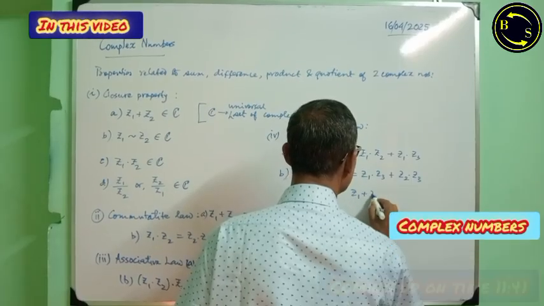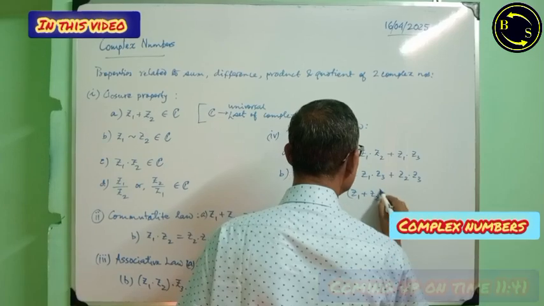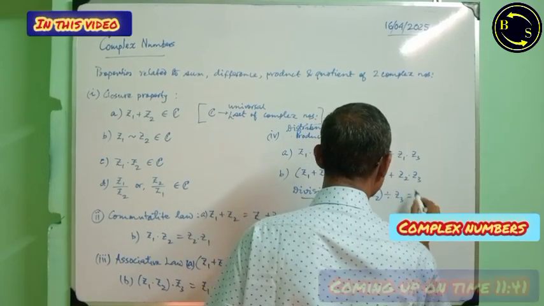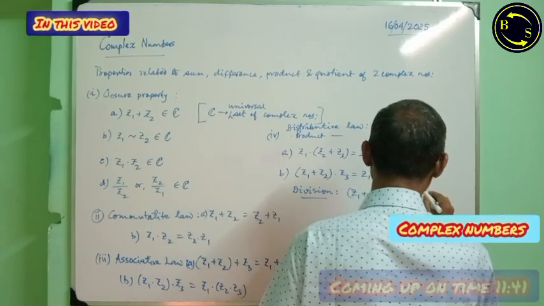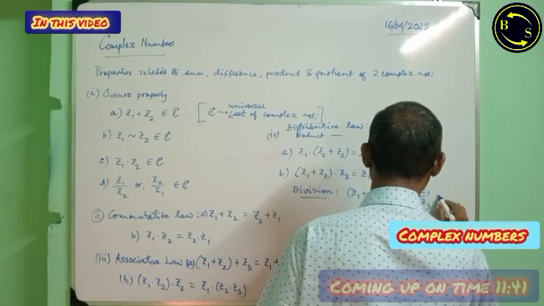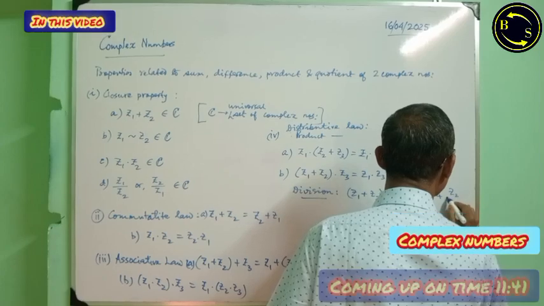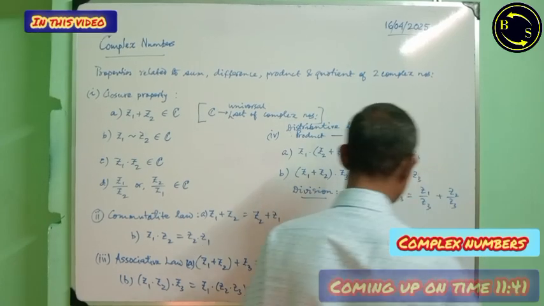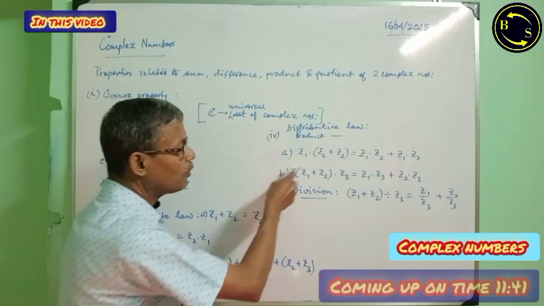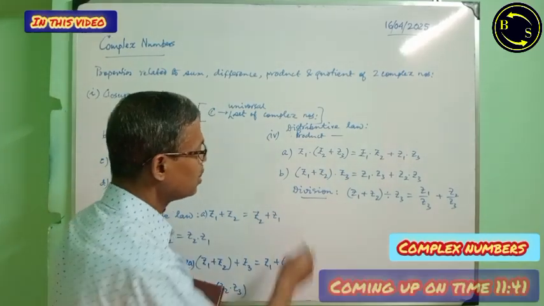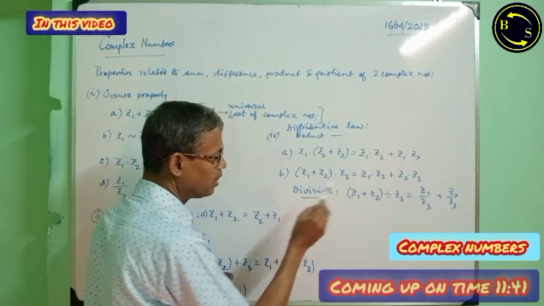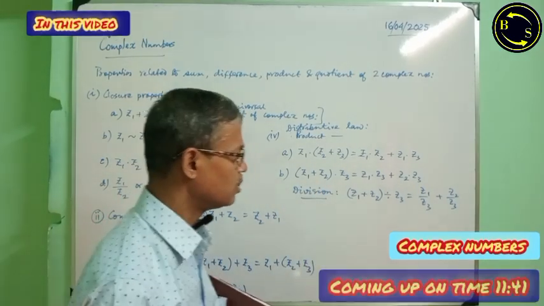Z1 plus Z2 distributive law for multiplication case, two cases, from left, from right, and in case of division, this one.